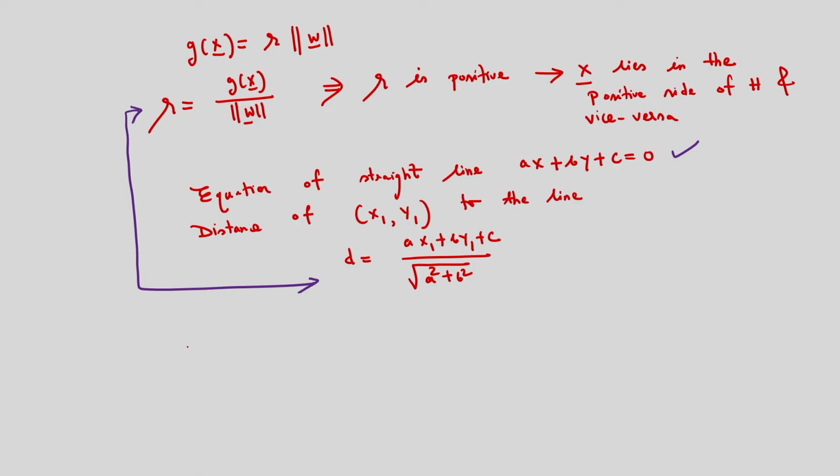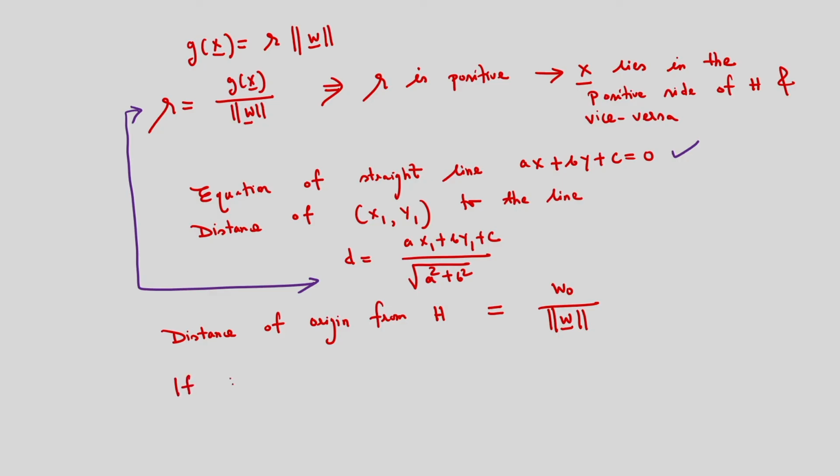So what is the distance of the origin from the hyperplane? That I have already shown in the figure. The distance of the origin from the hyperplane is h, which is nothing but w0 divided by the norm of w. This w0 is positive when the origin lies on the positive side of the hyperplane, and vice versa.